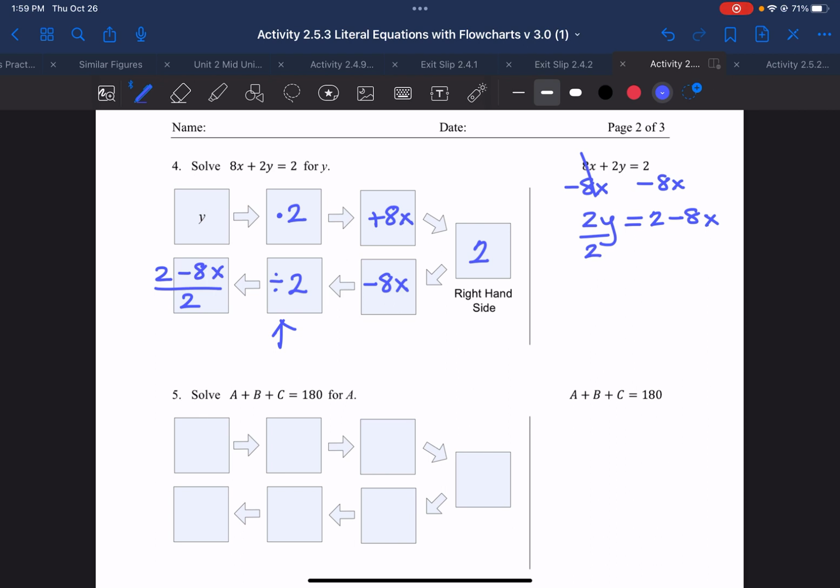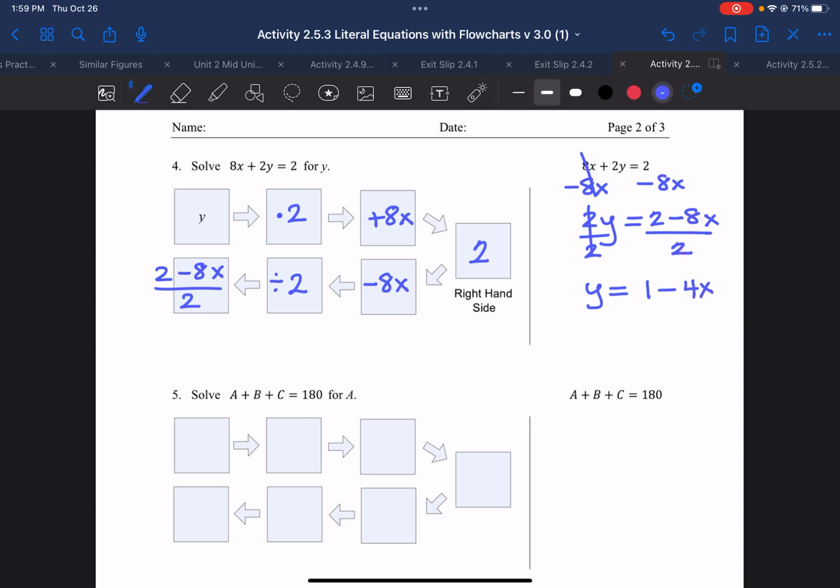Remember, if you divide by 2, you're dividing everything by 2. So that means 2y divided by 2 is 1y, or just y. Over here, we're doing 2 divided by 2, which is 1. Over here, we're doing 8 divided by 2, which is 4.